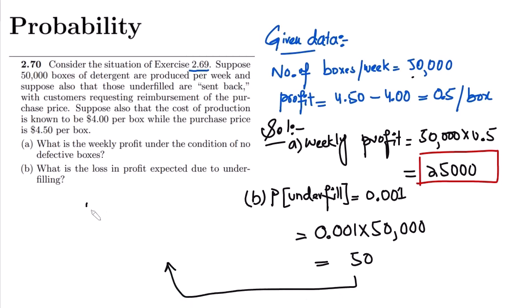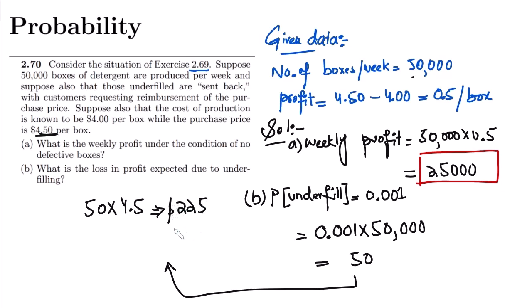So I will have here 50 multiplied by 4.5, which is basically the $4.50 per box when you have to sell it. So calculating it, what I will get here is $225.